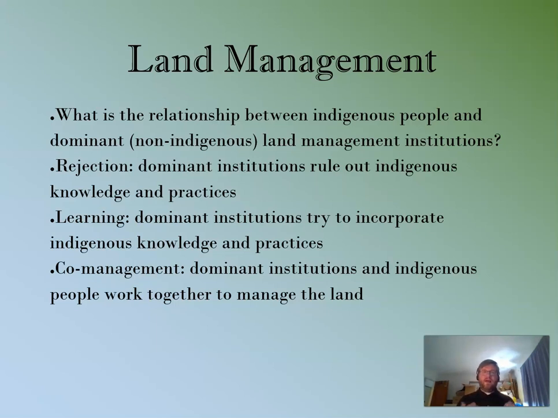There are a number of national parks in Australia that have become icons of this co-management: Kakadu National Park in the very northern part of Australia, and Uluru in the center of Australia. Even if you don't recognize the name, you've probably seen Uluru. It's that giant red rock that sticks out of the desert there.